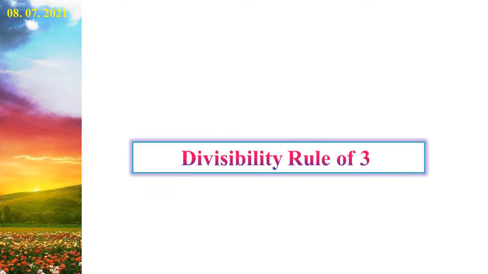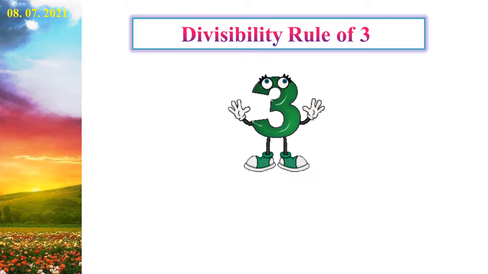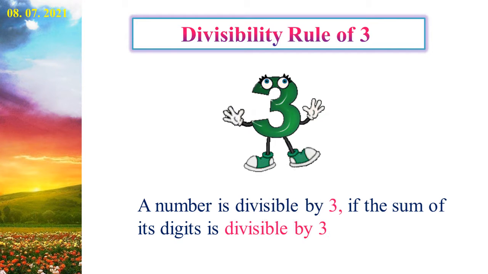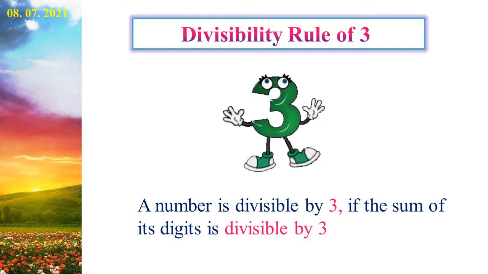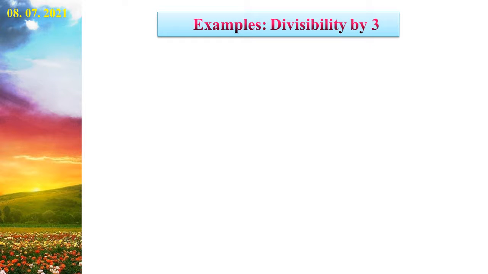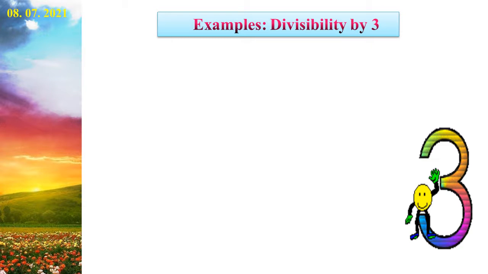Let's learn about divisibility rule of 3. A number is divisible by 3 if the sum of its digits is divisible by 3. Let's see some examples for divisibility rule of 3. Look at the given number 753.